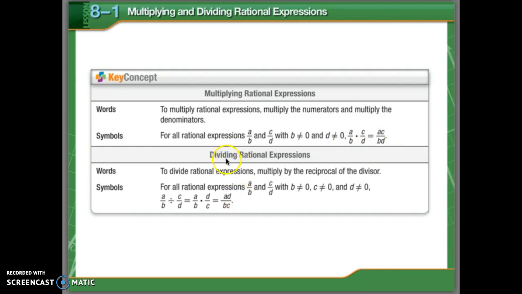If you're dividing two things, like you have a over b divided by c over d, I think you've learned this before with fractions, but you flip the second fraction over and the division sign changes to multiplication. And if you've learned that before, then this is not going to be anything different or new for you.